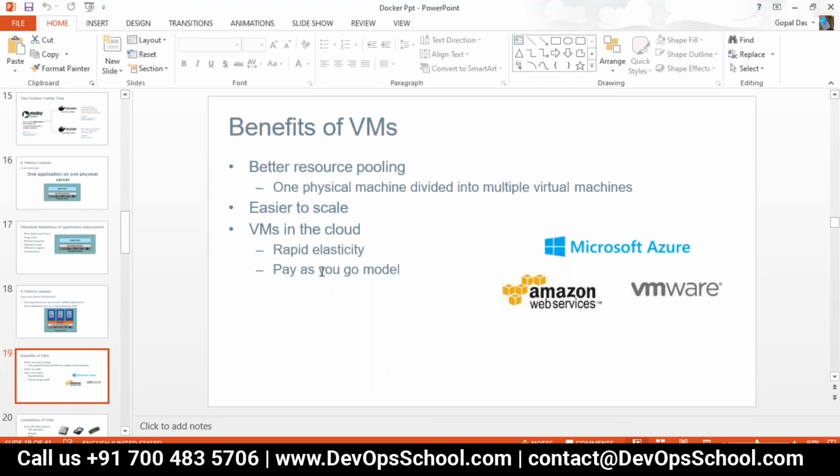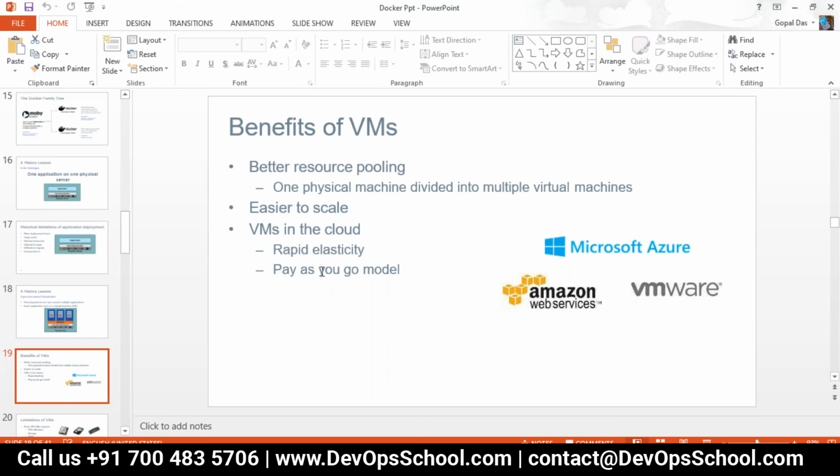It's not that Amazon is not using hypervisor technology. All their machines are running on top of it. Which technology are they using? Tier 1 or Tier 2? Tier 1, VMware technology?